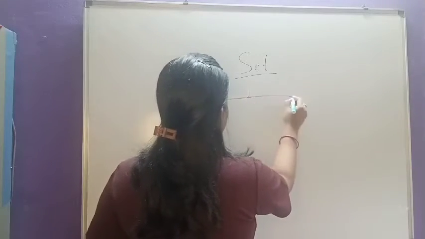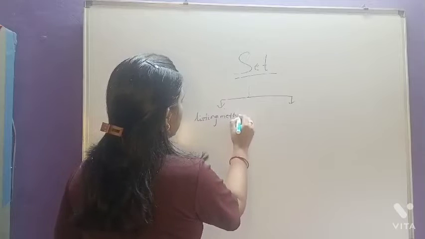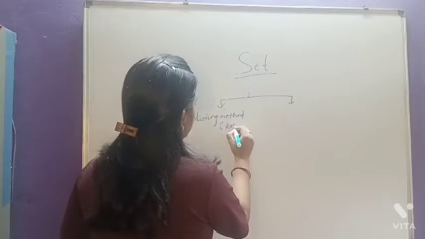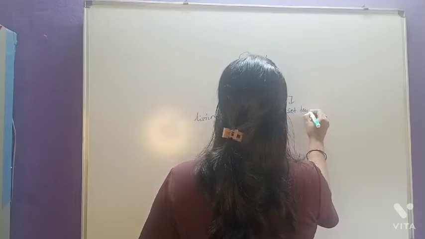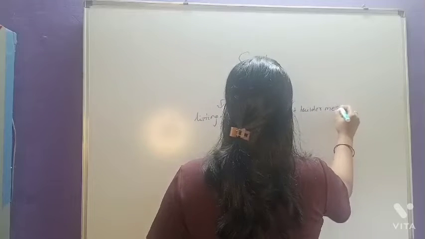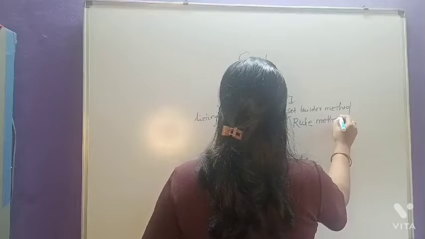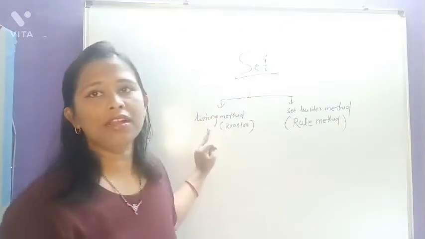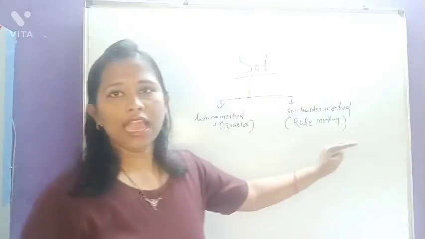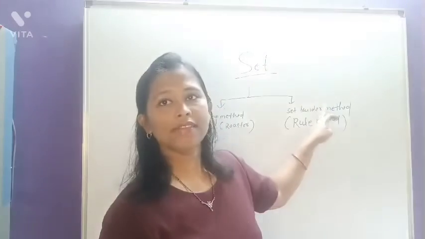What are the 2 methods? One is the listing method or roster method. The other is the set builder method or rule method. We will understand these two now. What is the listing method and what is the set builder method? How can we represent a set in the listing method, and how can we represent a set in the set builder method?